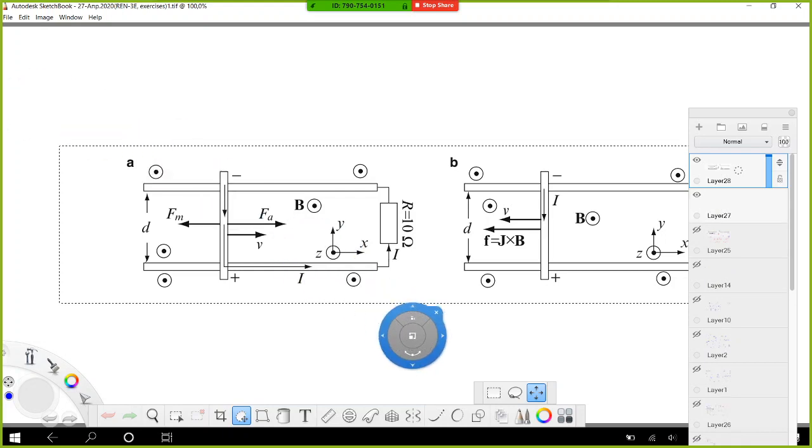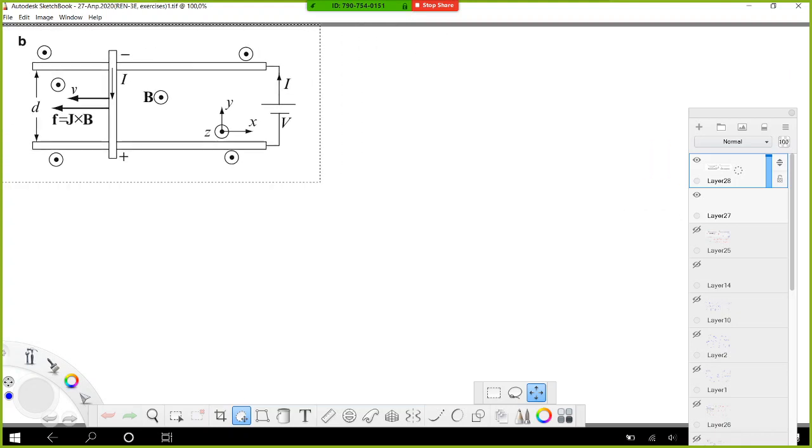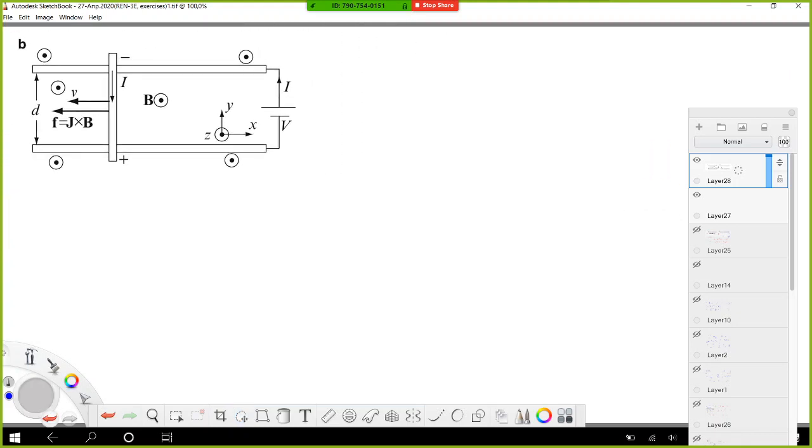Okay, let me open a new page, paste. So we will now see the second configuration, B. Configuration B can be thought of as a linear DC motor, electric motor.